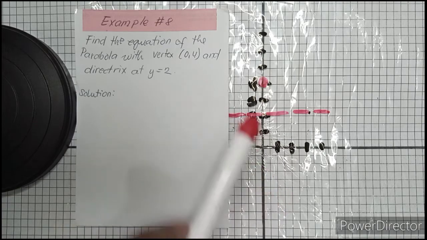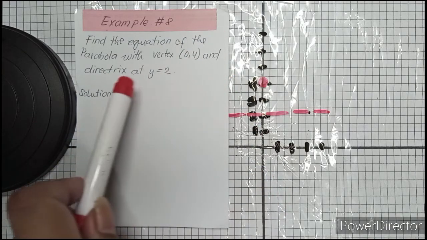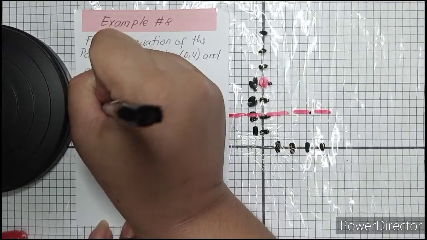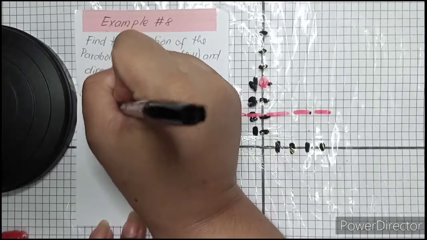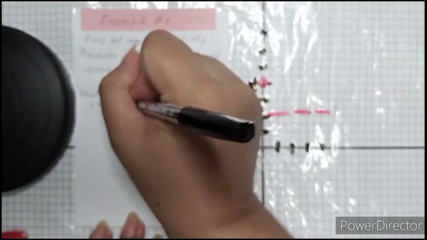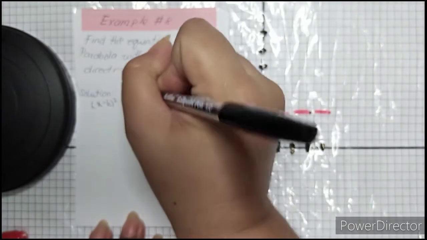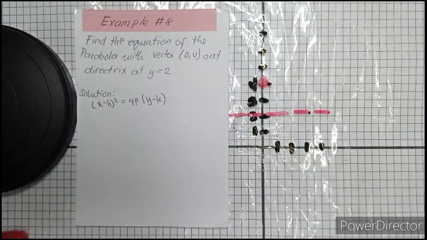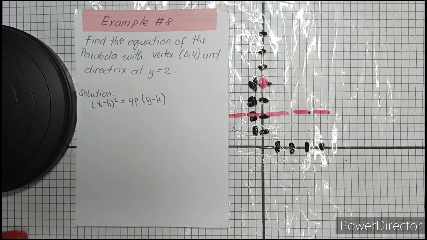So, it means ang ating parabola for this problem is upward. Ang gagamitin natin for the upward equation is (x minus h) squared is equal to 4p (y minus k). Yan yung ating gagamitin na formula.